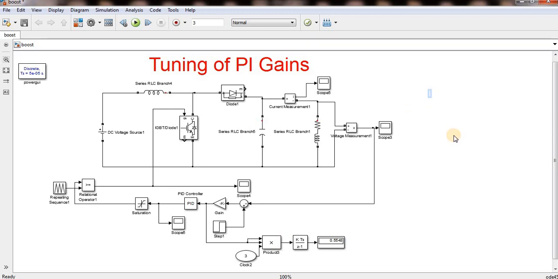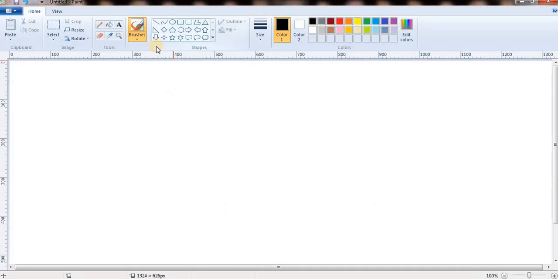See, ITSE method means integration of time square error. Integration of time square error means we will take the time and we will take the error square, then integration.